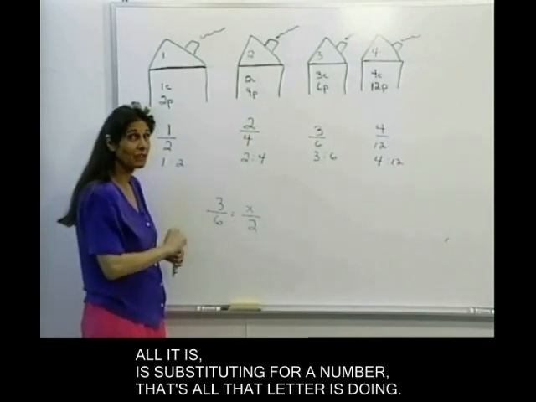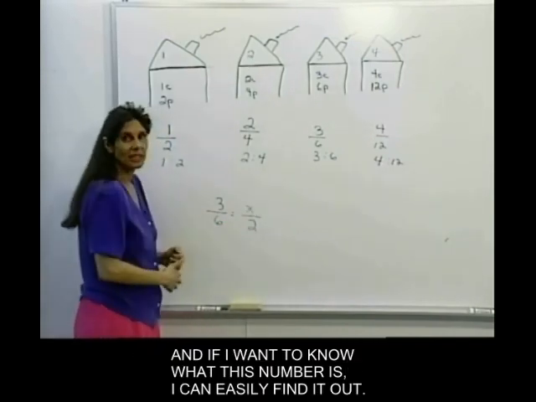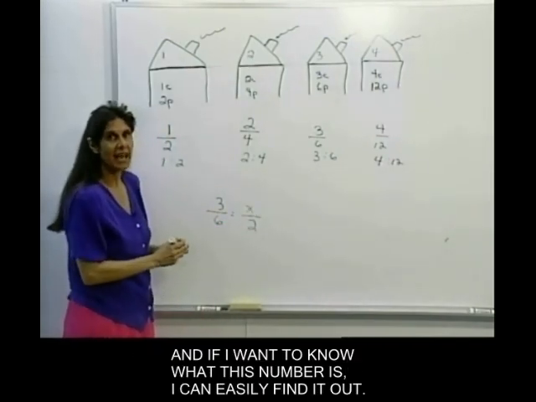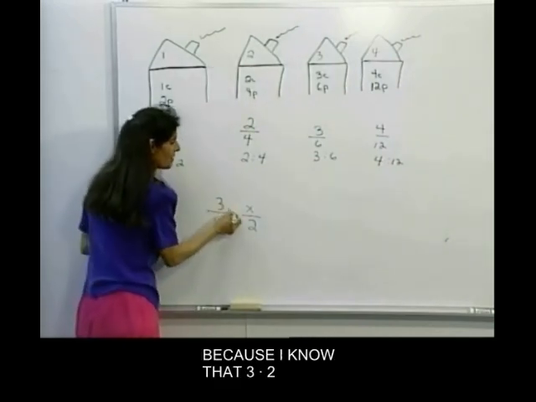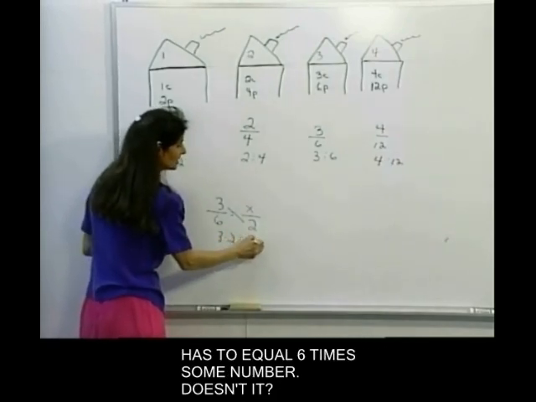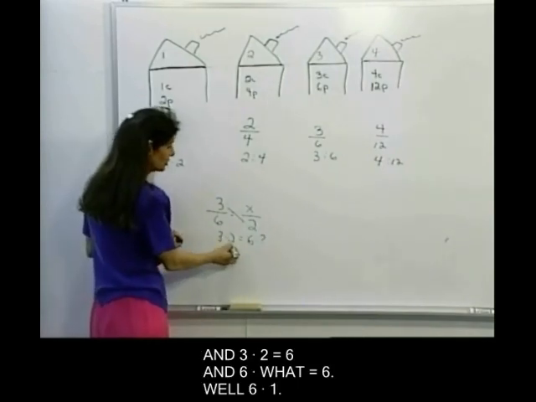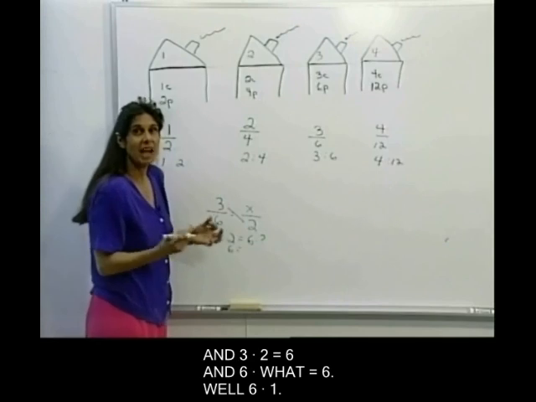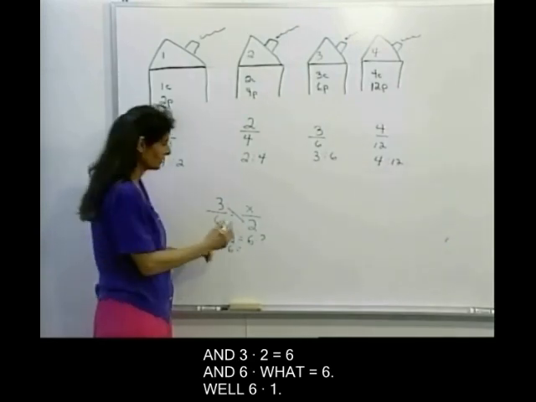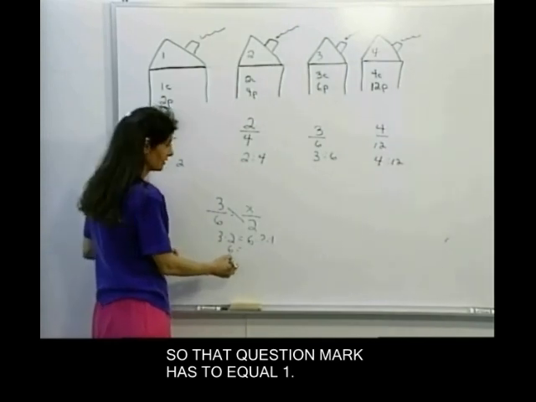If I want to know what this number is, I know that 3 times 2 has to equal 6 times some number. 3 times 2 is 6, and 6 times what equals 6? Well, 6 times 1, so that question mark has to equal 1.